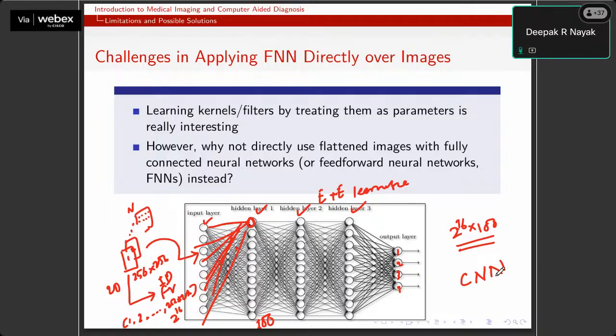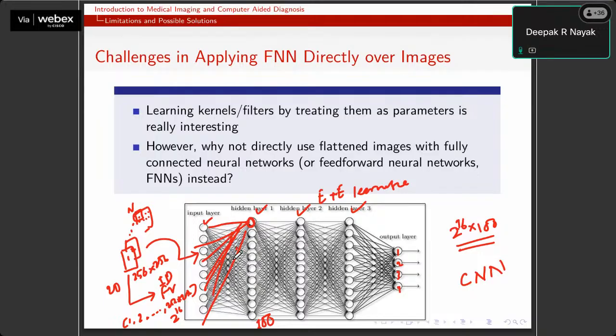Second point, in a convolutional neural network, this many parameters are not going to be there. That means every hidden neuron is connected to some portion of the input image, not all the pixels of the input image. That is how we reduce the number of parameters.